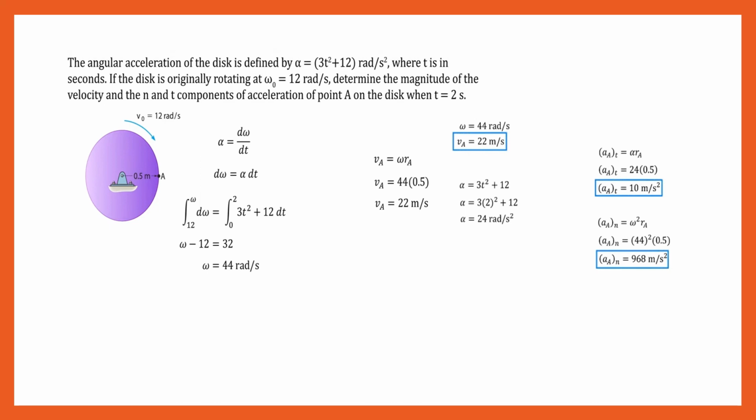Remember we're still looking at point A, so the distance from the center to point A is 0.5 meters. First the tangential acceleration, now the normal acceleration. Remember to use the angular velocity. So we found it, and that's the answer.